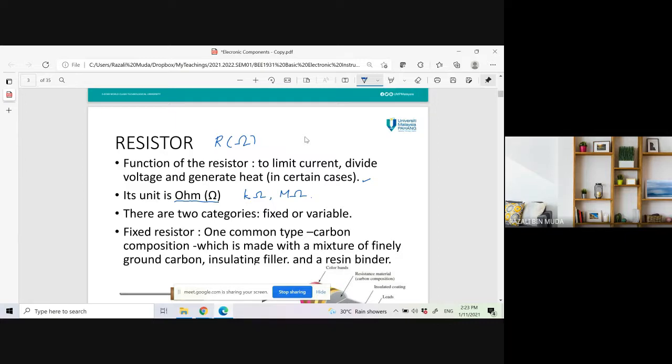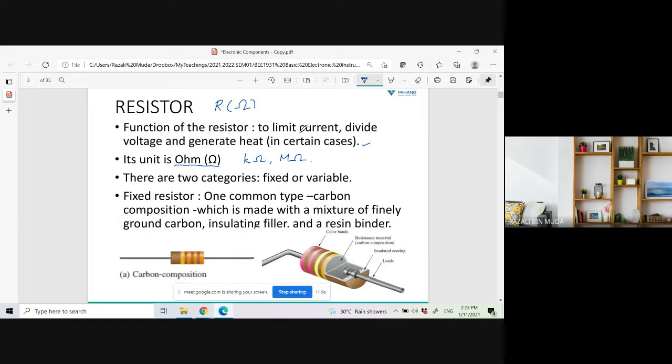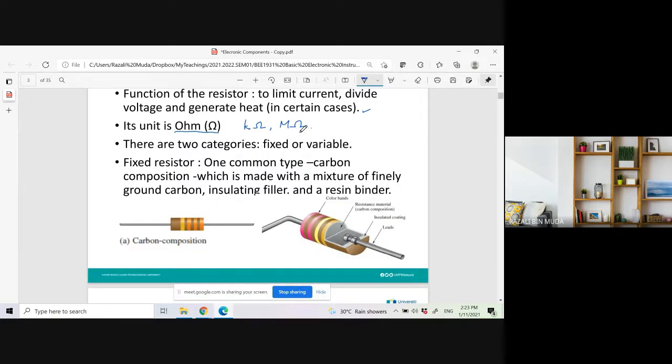There are two categories, fixed and variable. We have a fixed resistor and a variable resistor. One common type of fixed resistor is carbon composition, which is made with a mixture of finely ground carbon, insulating filler, a resin and a binder.